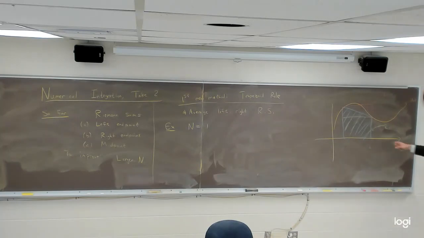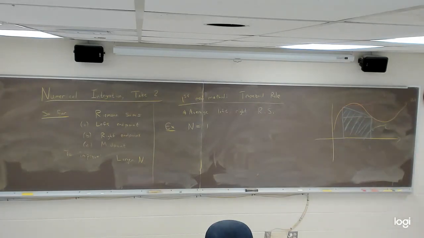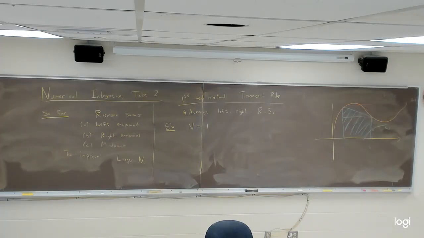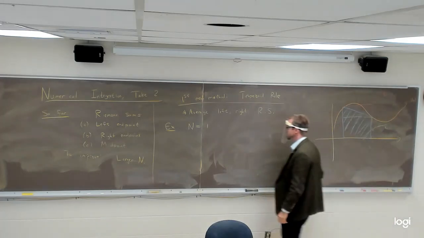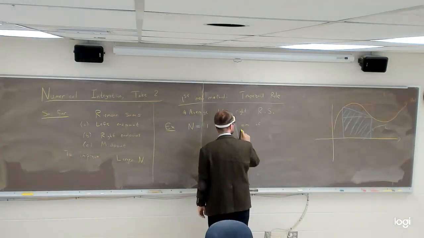That region is a trapezoid, which is where the name comes from, but it's just averaging the two rectangles that I get out of my left and right approximation. And we would probably guess that this is closer than either of them. If one of them undershoots, one of them overshoots, the trapezoid is going to average some of that out. So it's the area of a trapezoid.